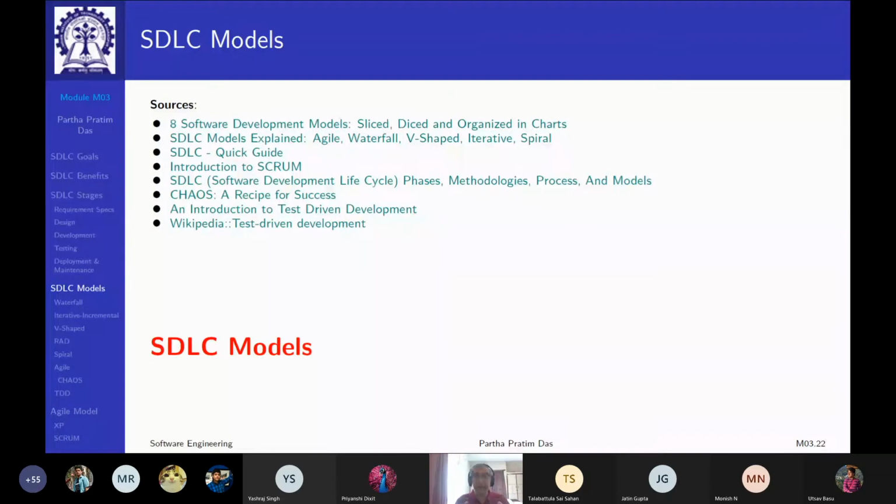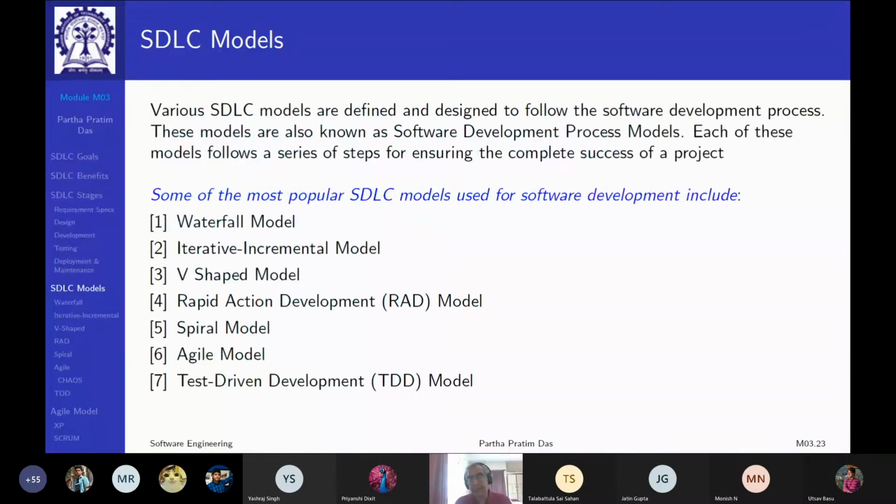To be more correct, they are continuously evolving and will continue to evolve till software development matures to the software construction level of processes. So there are several models that exist to do SDLC.